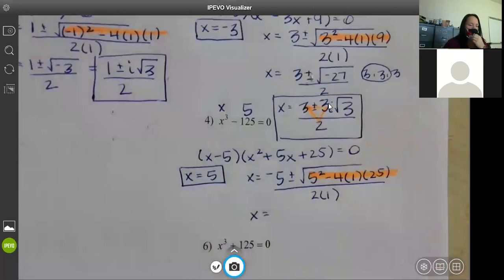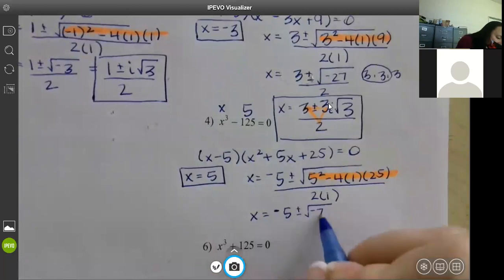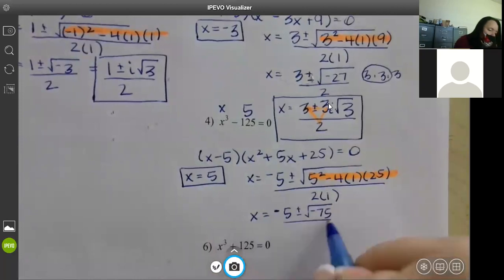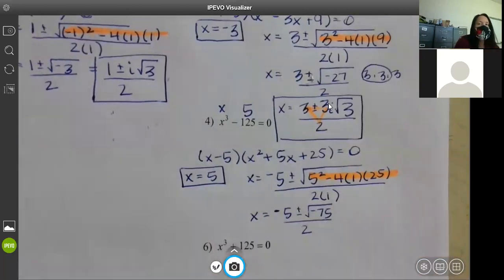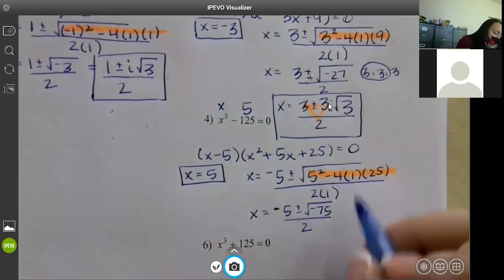Do what's underneath the radical. So 5 squared minus 4 times 1 times 25. We get the square root of negative 75 over 2. The negative means we're going to pull out an i.